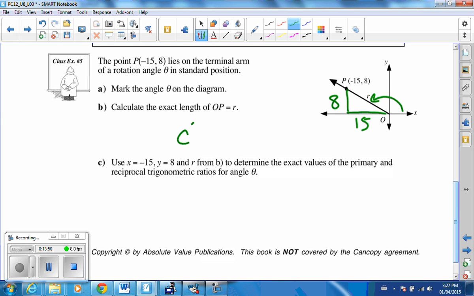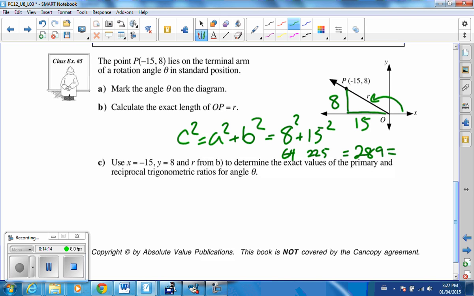So Pythagoras theorem is this, which is going to be 225 and 64, giving us 289. And the square root of 289 is actually 17. So it's going to be 8, 15, and 17 for my radius. So now I can find these.